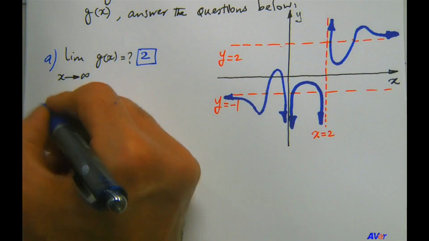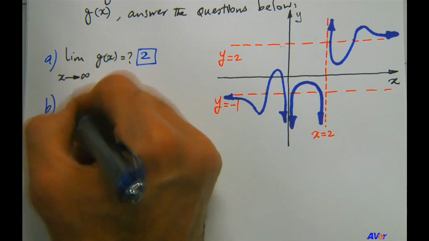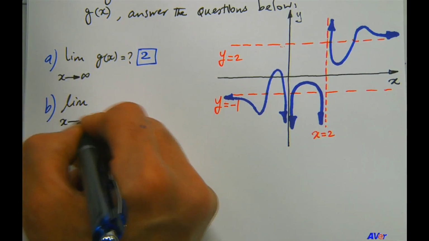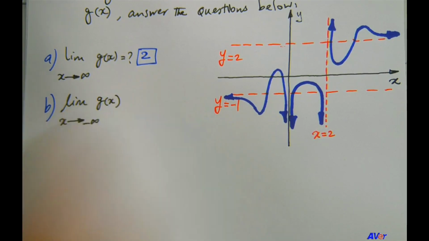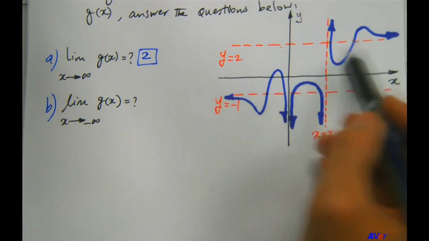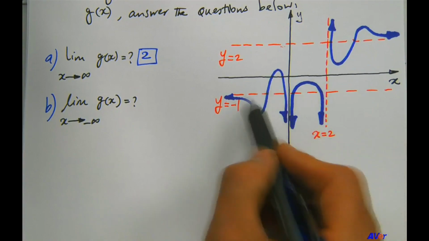Okay, so for part B, we want to find the limit as x goes to negative infinity this time of function g of x. So that can't be that piece. It can't be that piece. It's definitely this piece, right?